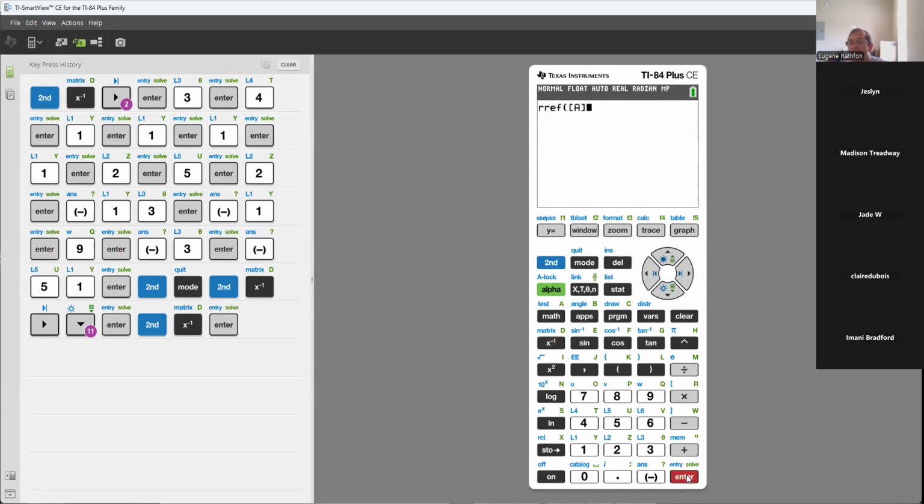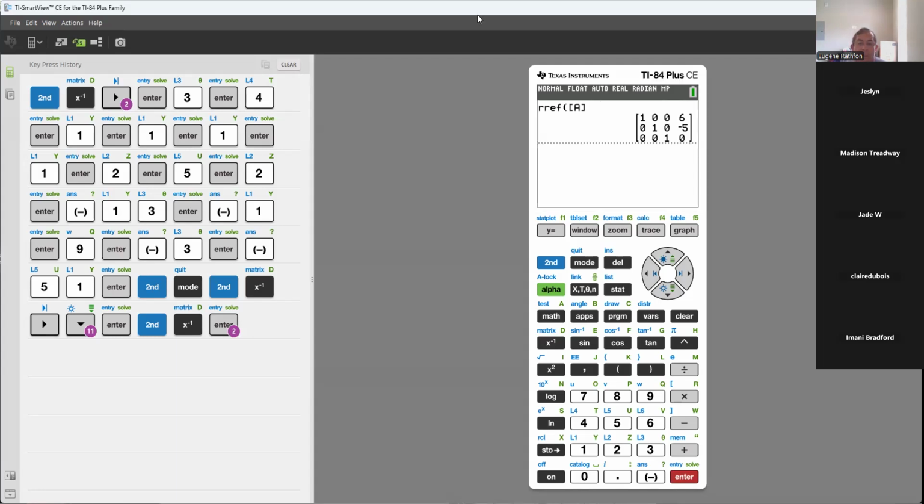I'm now going to reduce the matrix I just put in, and the right side is your three answers in alphabetical order. The 6 is your x, the -5 is your y, and the 0 is your z. So that last column is always your answer in alphabetical order, going from top to bottom.